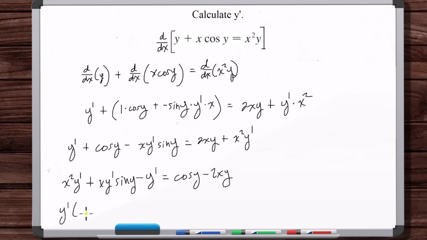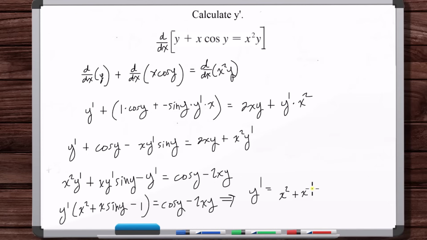Now factor out a y prime. Now divide by this term to solve for y prime. Okay, that's the derivative.